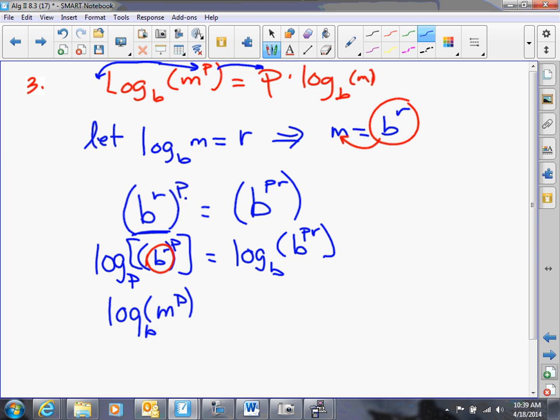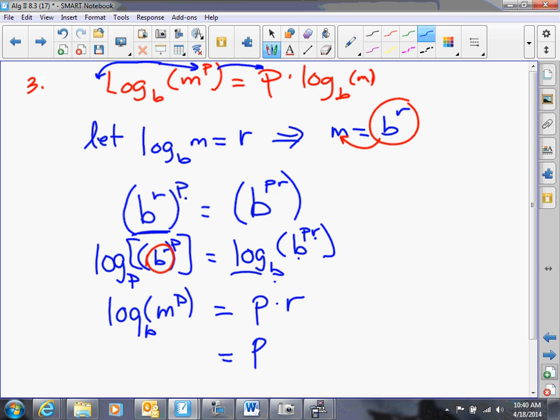Now, on the right-hand side, we're going to use our understanding of logs again. What exponent of b gives us b raised to the pr? Well, obviously pr, right? Because you put pr as an exponent on b to get b to the pr. So this would be pr. But what was r?